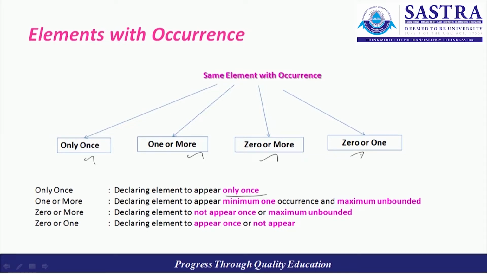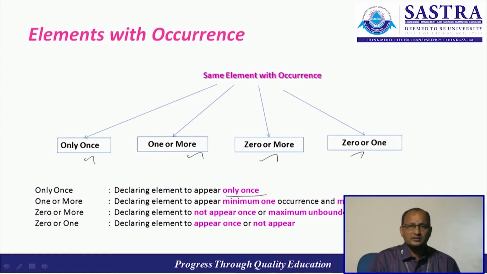And the fourth category is 0 or 1. This is if the particular element is to be treated as optional, in the sense that it may or may not appear. If it appears, it appears exactly only once.